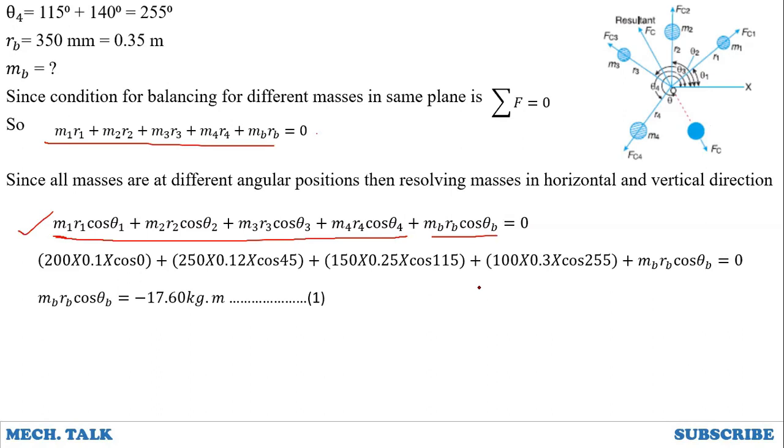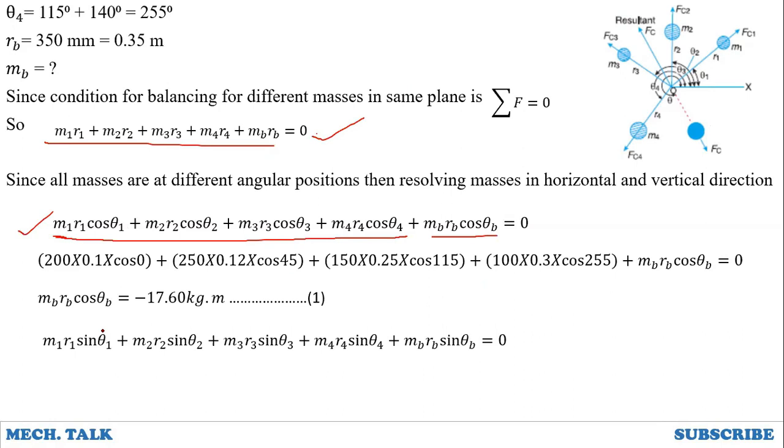Similarly, we will resolve the force equation in the vertical direction, and then we will have m1 r1 sin theta 1 plus m2 r2 sin theta 2 plus m3 r3 sin theta 3 plus m4 r4 sin theta 4 plus mb rb sin theta b.